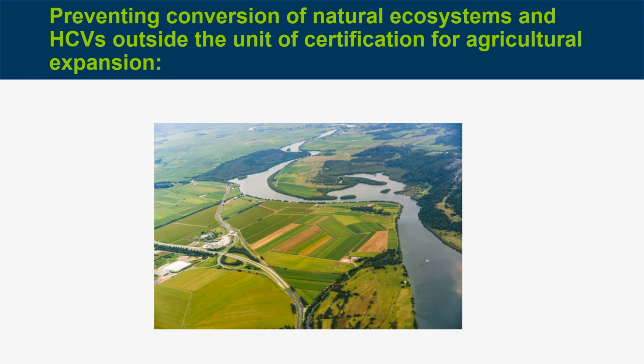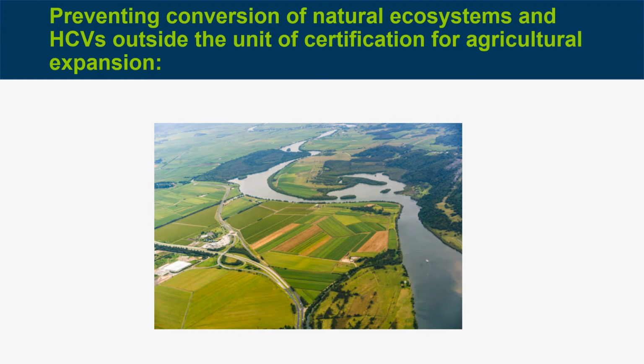Now, this indicator also talks about preventing conversion of natural ecosystems and HCVs outside the unit of certification for agricultural expansion. So 4.1.2 to 4.1.6 apply to the unit of certification. With growing concerns about the ongoing loss and degradation of natural ecosystems due to agricultural expansion, corporate commitments and emerging legislation mean that companies will increasingly exclude products that do not meet minimum requirements around no deforestation or no conversion.